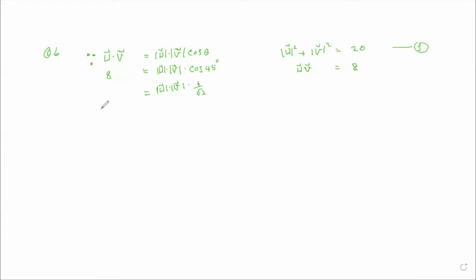So the length of u times the length of v becomes 8 square root 2. Okay, so equal to 8 square root 2.